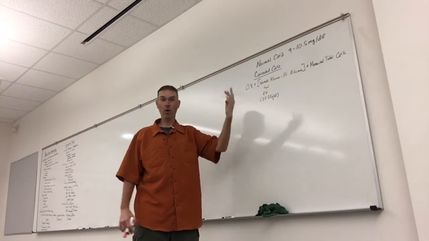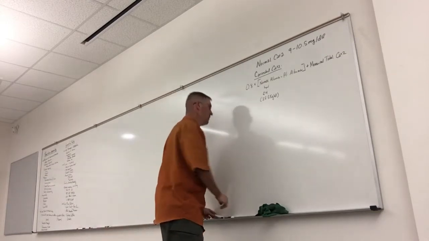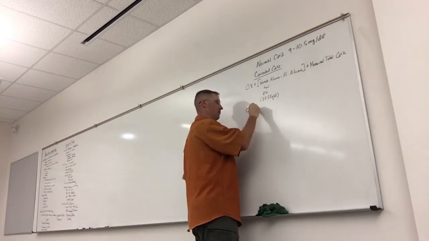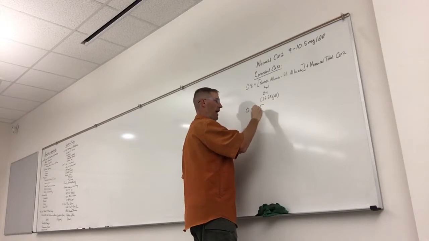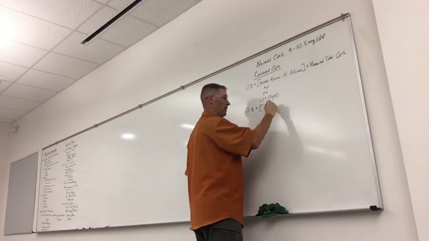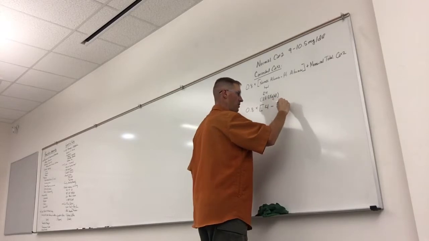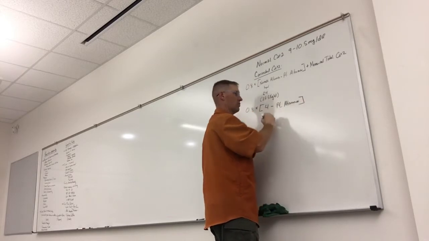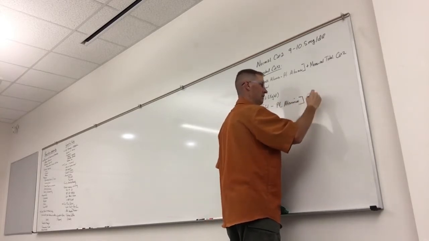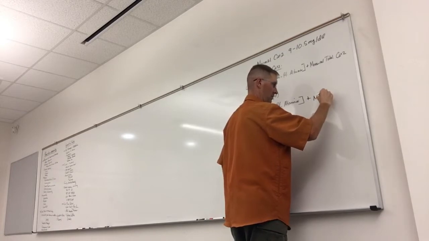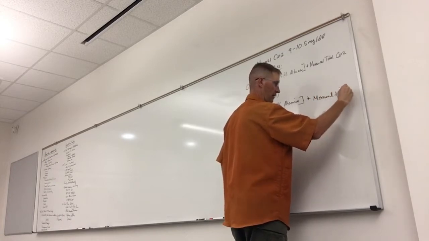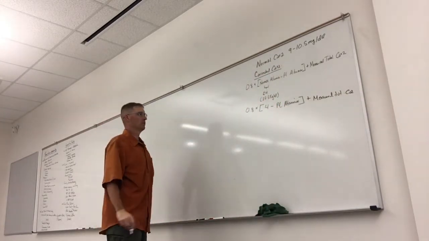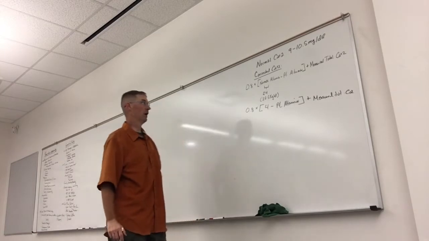So we can rewrite this equation as 0.8 multiplied by, in parentheses, 4 minus the patient's albumin, close bracket, plus the measured total calcium. This is the functional formula that we'd use to correct for calcium.